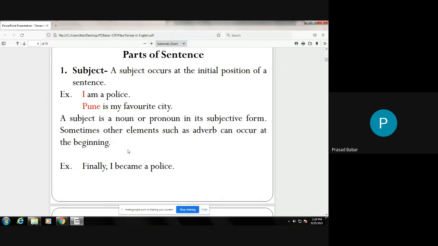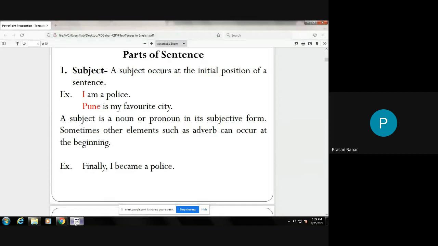And let's see the second sentence. Pune is my favorite city. So here, the two highlighted words in red ink, red color, these two are called subjects. Okay.